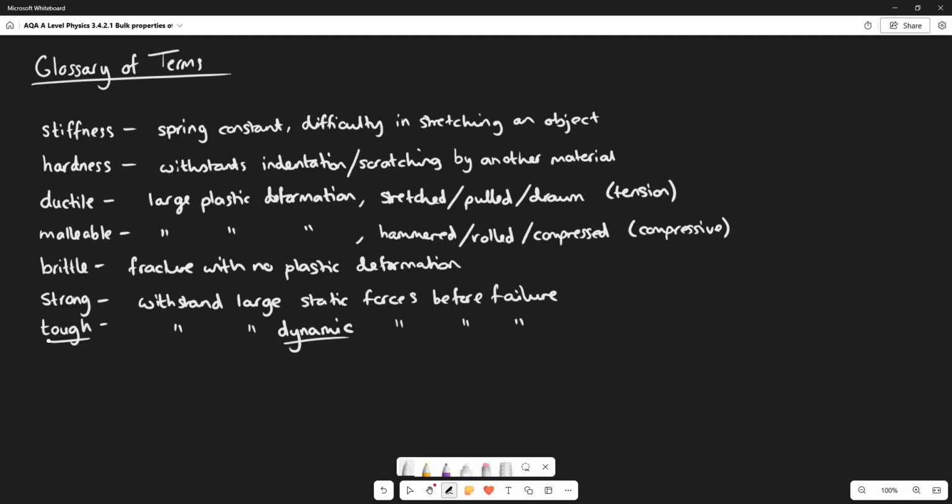Glass is very strong, but is not very tough. Glass easily shatters when a sudden force is applied, whereas materials like leather or Kevlar respond very well to dynamic forces.